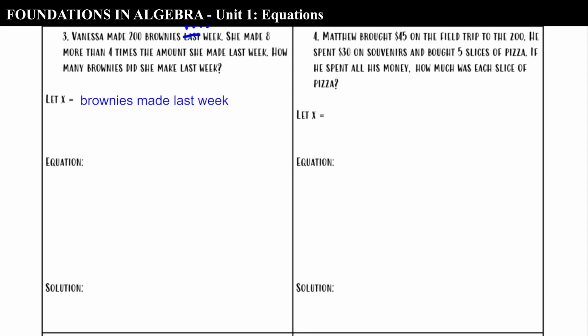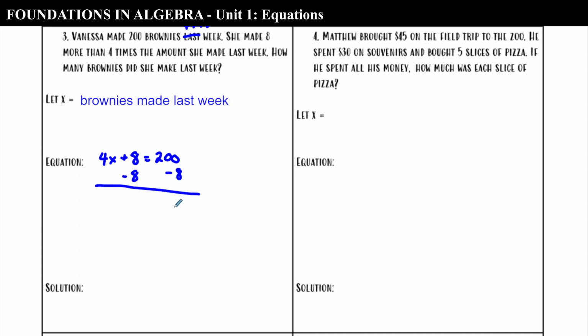So she made 8 more than 4 times the amount she made last week. So she made 4 times the amount she made last week. So that's 4 times x, that's multiplication. And she made 8 more than that, so we're adding 8, and that gives us the amount she made this week, which is 200. So now we're going to solve for x to find out how many she made last week.